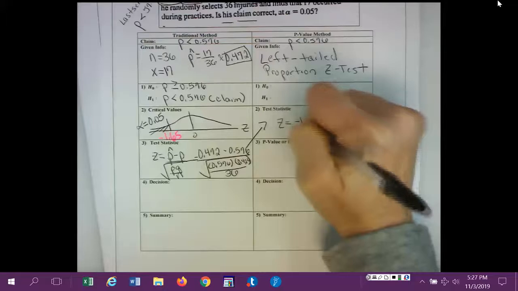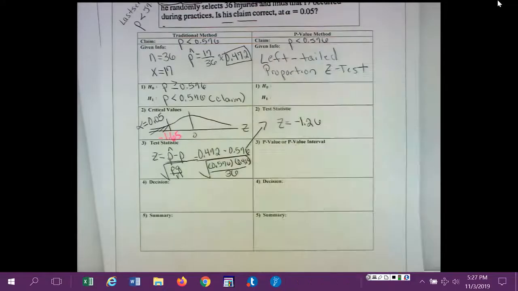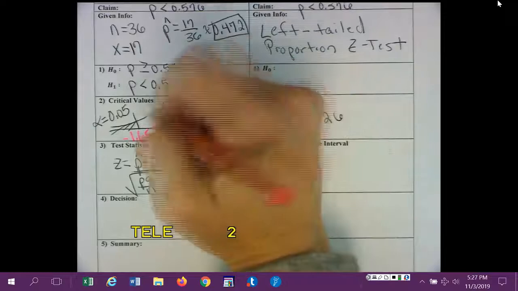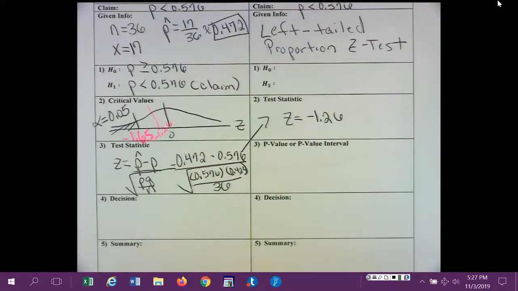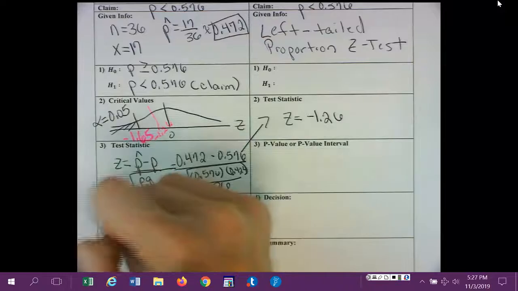A negative 1.26. Now when I put the test statistic in the picture, negative 1.26, it falls here on the axis. So do not reject the null.